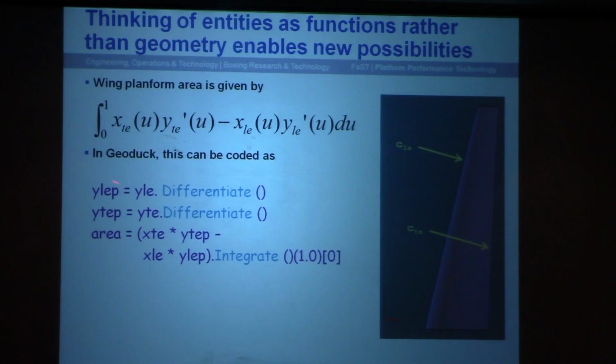So you will get that thing. And again, all of this is going on under the covers. It's this very high-level GuiDuck command here. The recurrence relation for differentiation of spline functions appears there. You can do the same thing here. And then again, products and differences of piecewise polynomial functions are piecewise polynomial functions.